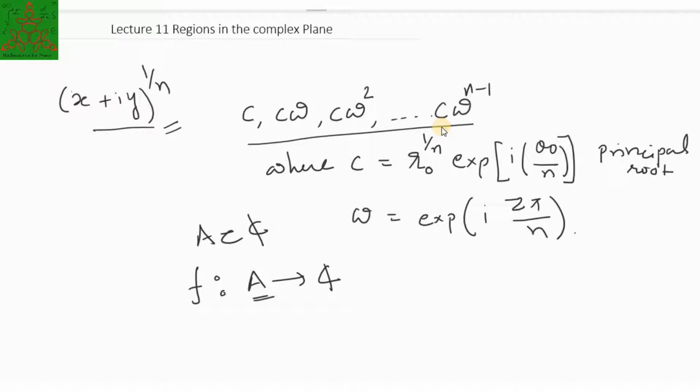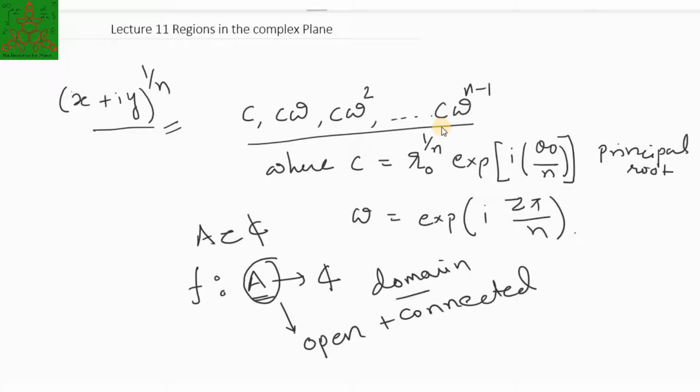But in complex analysis books, when they talk about a domain, it means an open plus connected set.